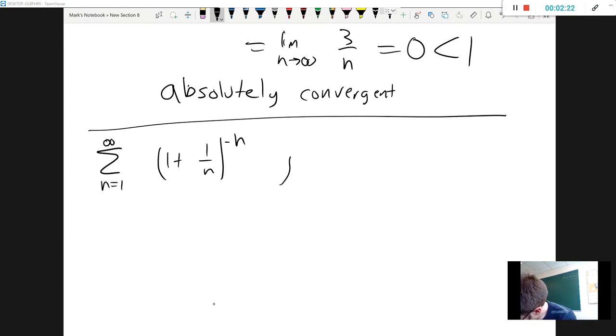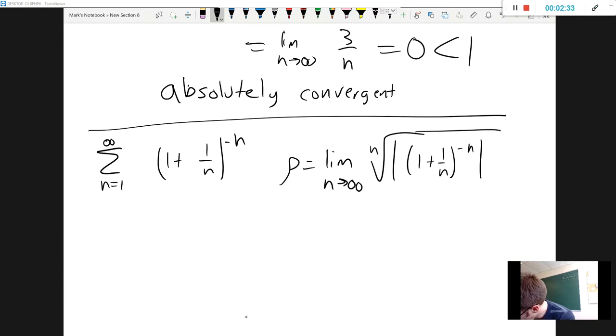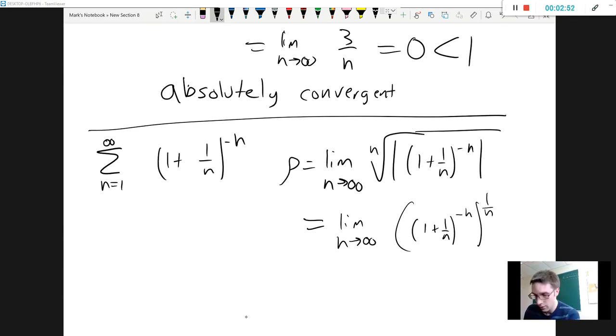So we'll look at the limit as n goes to infinity of the nth root of the absolute value of 1 plus 1 over n to the negative n. Again, everything is positive here, so we don't need the absolute values. And so we can write this as the limit as n goes to infinity of 1 plus 1 over n raised to the negative n raised to the 1 over n, because the nth root is just 1 over n.